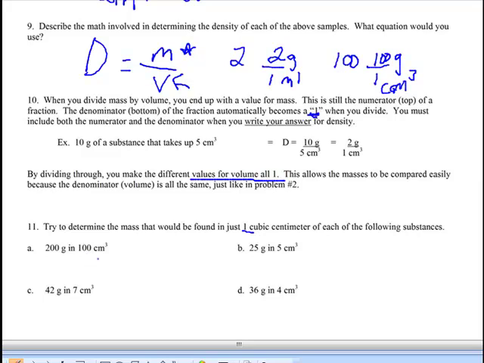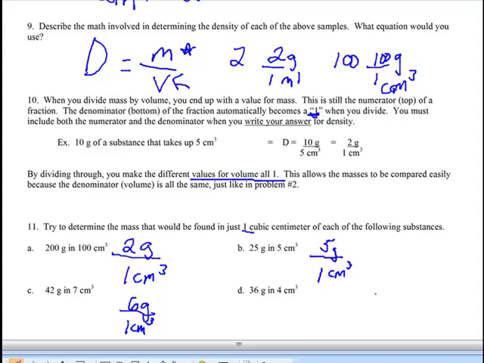So after we do our quick math here, we realize that 200 divided by 100 is 2 grams if we had 1 cubic centimeter. The one below it, 42 divided by 7 is 6 grams if we had 1 cubic centimeter. This one, 25 divided by 5, is 5 grams if we had 1 cubic centimeter.